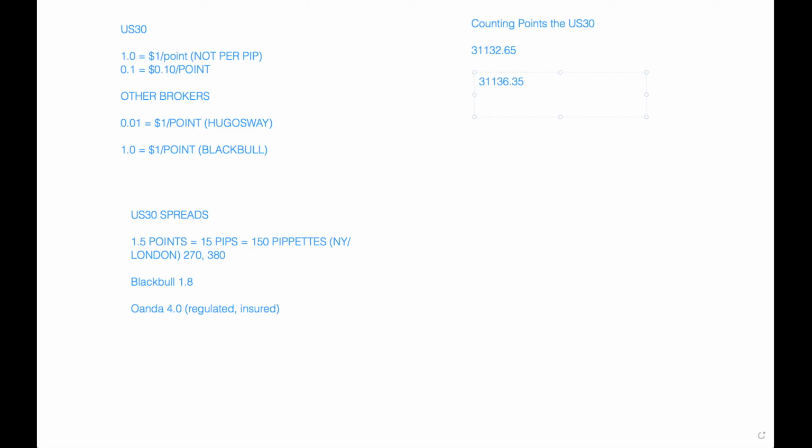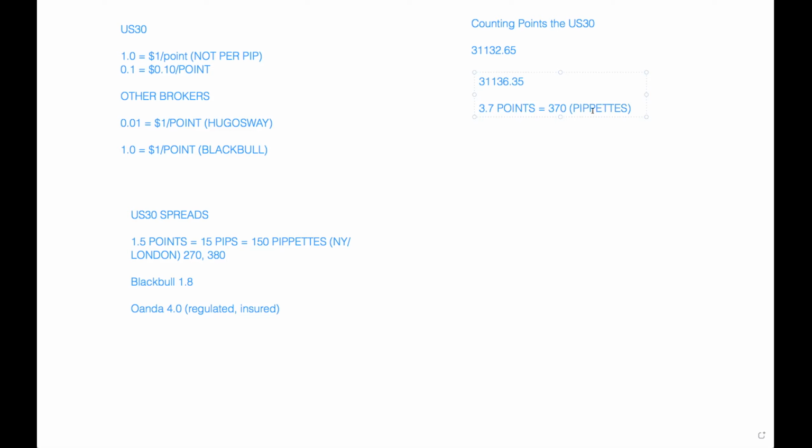So for me right now, because the market's closed while I'm doing this, this calculates out to be 3.7 points, which matches exactly to the spread that's currently displayed on my phone, which is listed as 370, because this is listed in pipettes.